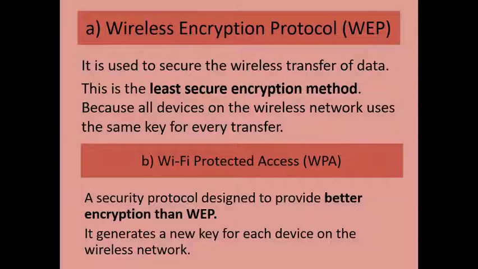So that's why the WPA, or Wi-Fi Protected Access, method is there. Security-wise, WPA is better than WEP. Why? Because it generates a new key for each device on the wireless network.